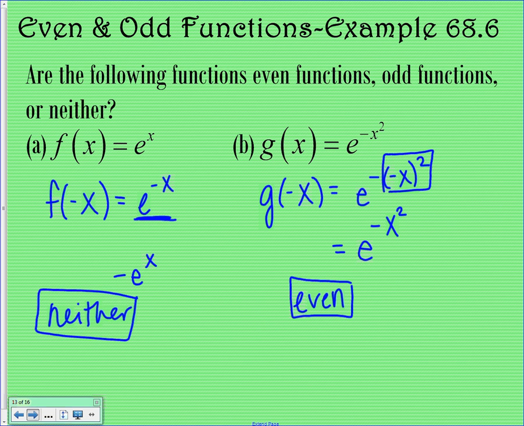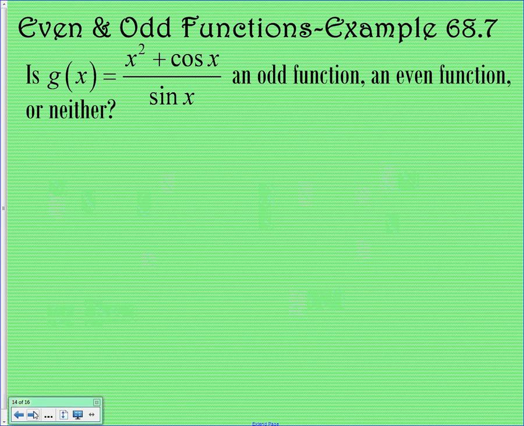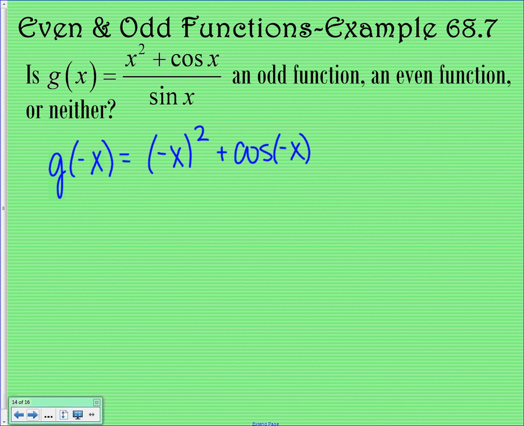Let's look at one more example. Is this an odd, an even, or a neither? So we start by replacing with a negative. So we have negative x squared, and then plus cosine of negative x, and then all over the sine of negative x.